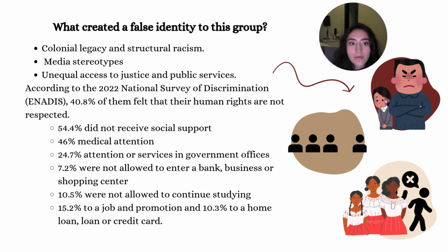According to the 2022 National Survey of Discrimination, 40.8% of them felt that their human rights are not often respected in aspects such as social support, medical attention, services in government offices, a prohibition to enter a bank, business, or shopping centers, or even to continue their studies. All these create some characteristics that society assigns to this group, like being submissive or lacking autonomy, being disconnected from the modern world, or being uneducated or ignorant.